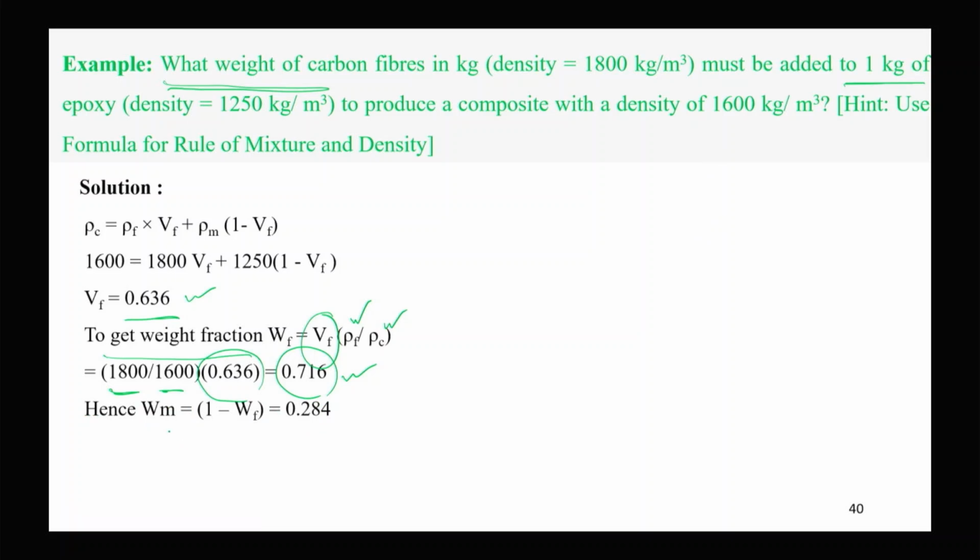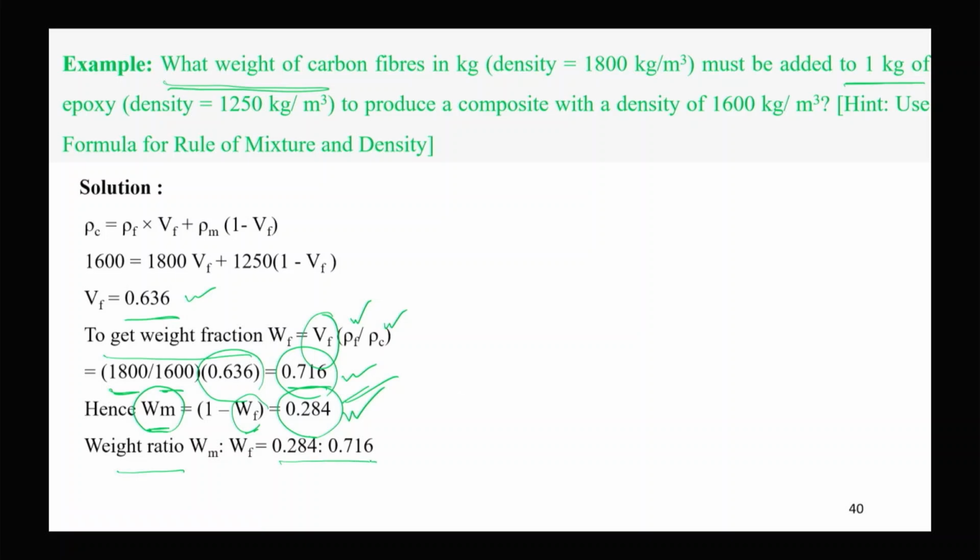The weight fraction of epoxy, Wm, equals 1 minus weight fraction of fiber, which is 0.716. So 1 minus 0.716 equals 0.284. This is the weight fraction of matrix, epoxy.